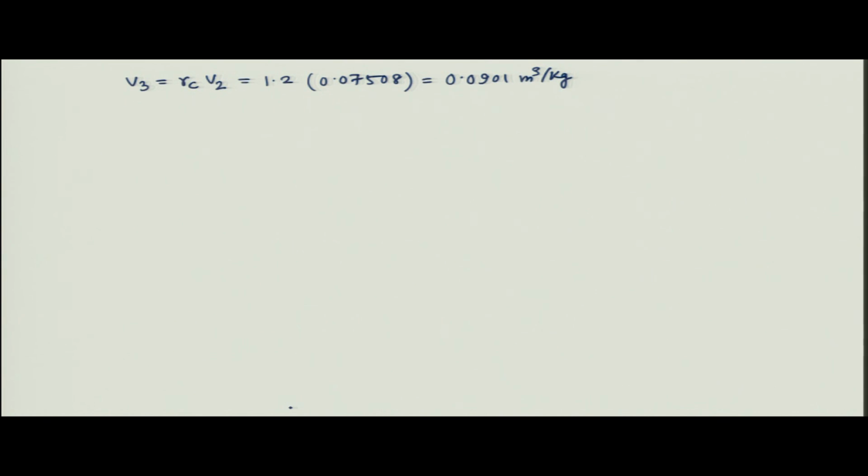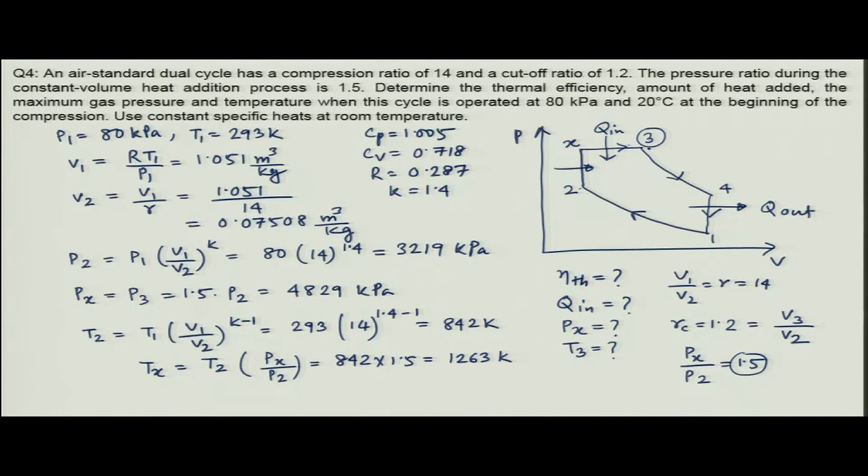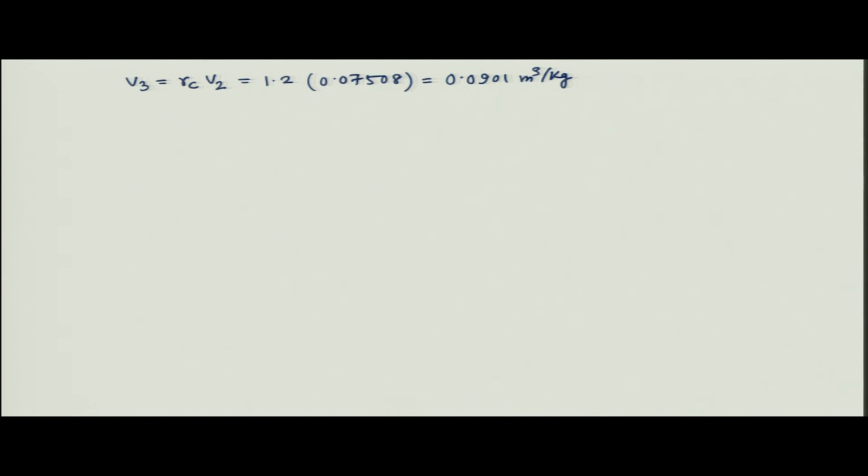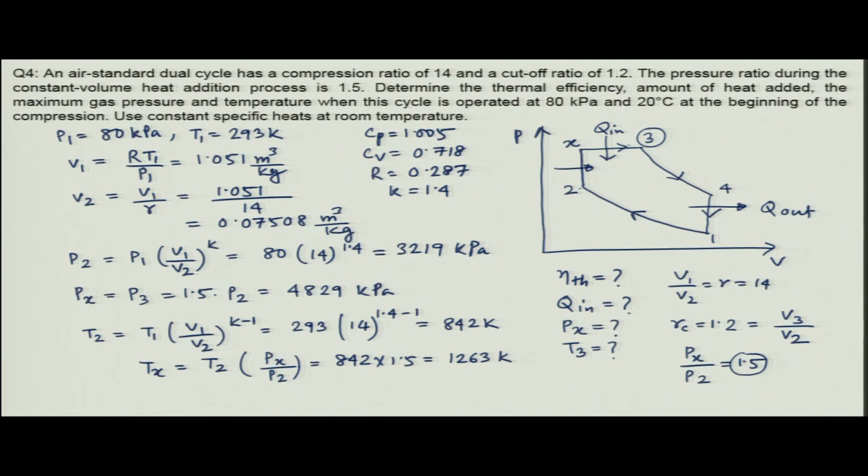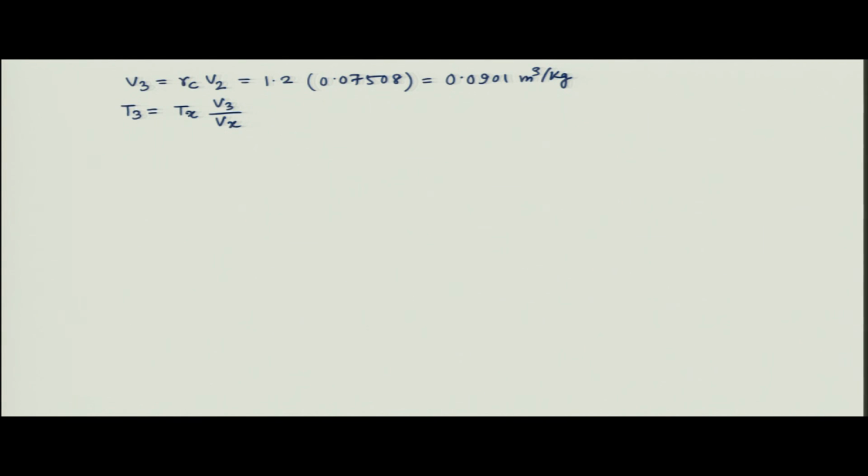Okay. Now, we can find T3. We have seen what V3 is. So, T3 is basically Tx multiplied by V3 upon Vx, because process x to 3 is a constant pressure process. So, pressure remains constant, and you can use this formula to get T3.